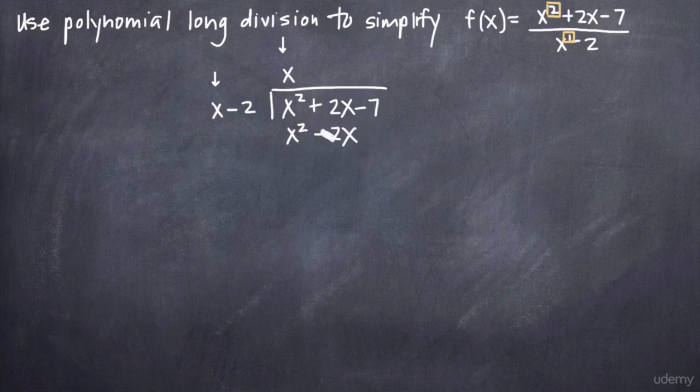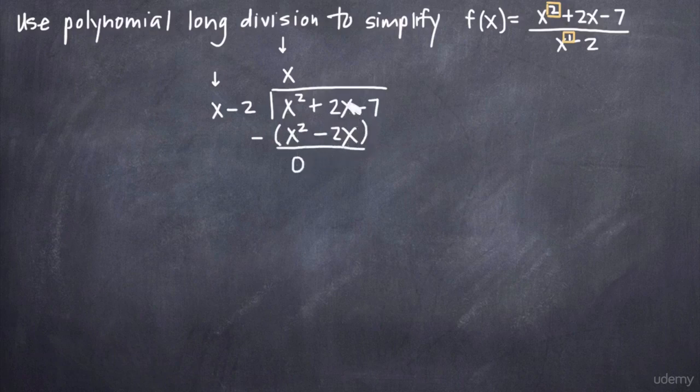Once we've performed that multiplication, we go ahead and subtract this second line from what's underneath our long division problem. So we put the negative sign out in front and wrap this part in parentheses, and we take x squared minus the x squared below it, and we get 0.